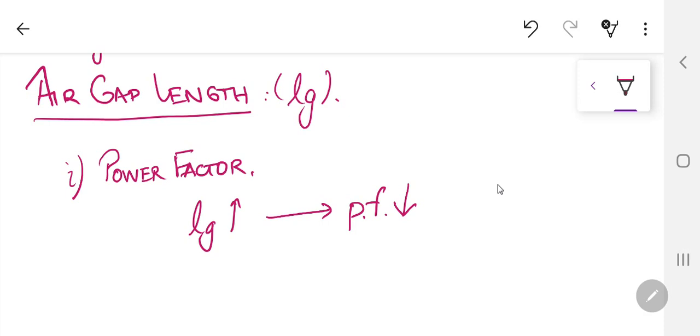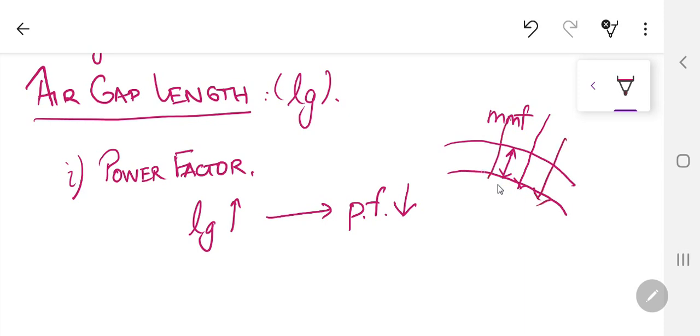When the air gap length is larger, why is the power factor small? If I have a stator over here and a rotor over there, and the air gap length is large, then the MMF required to produce the flux flowing from the stator towards the rotor, through the teeth and all that, will be more.